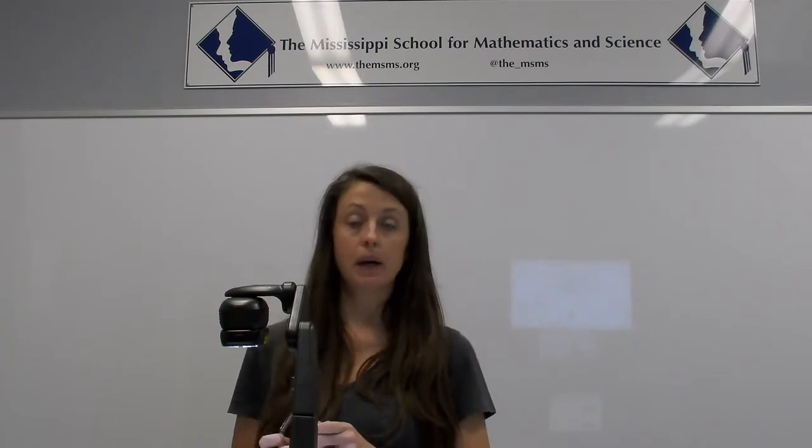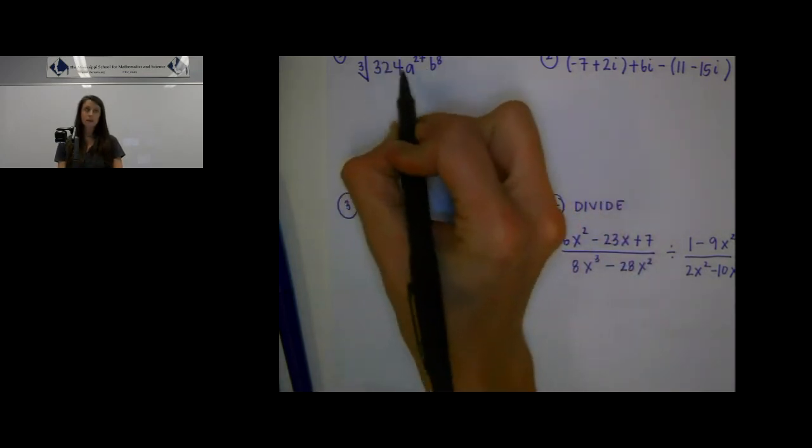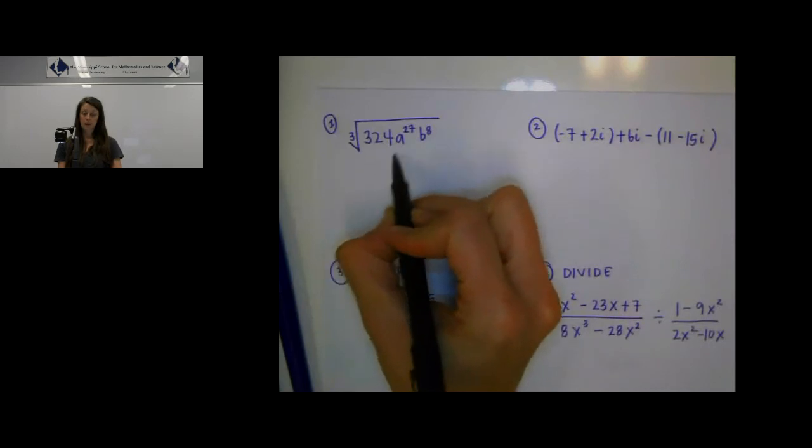Okay, so let's look at this first one here. It's the cube root of 324 a to the 27th power b to the 8th. Remember, we want to find a perfect cube in here.